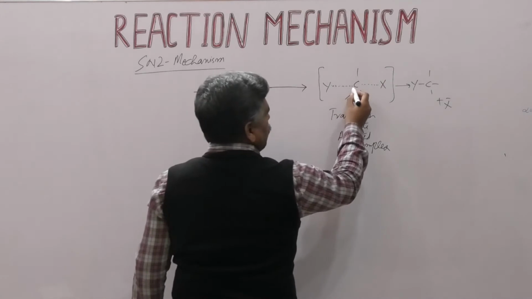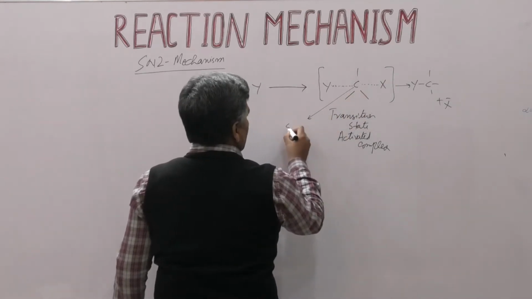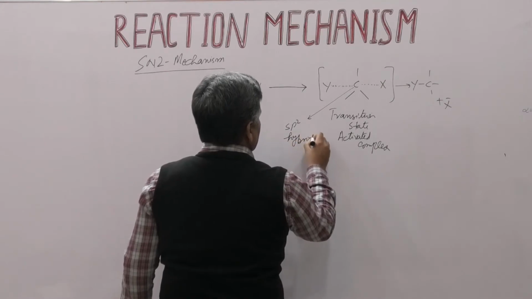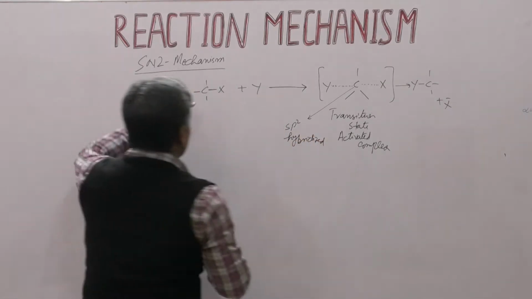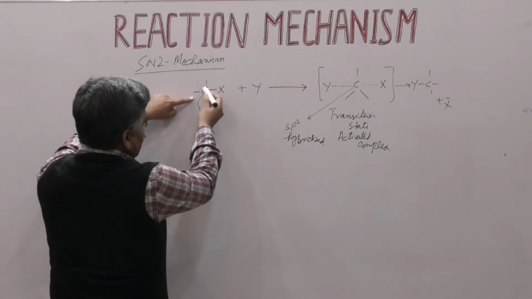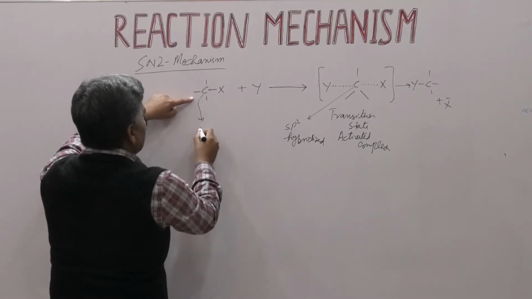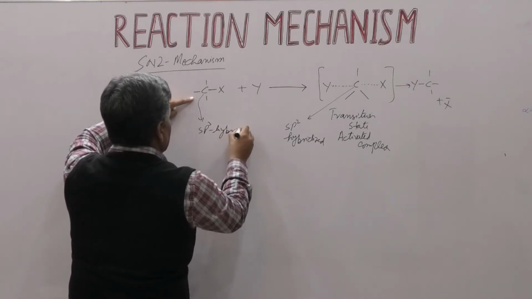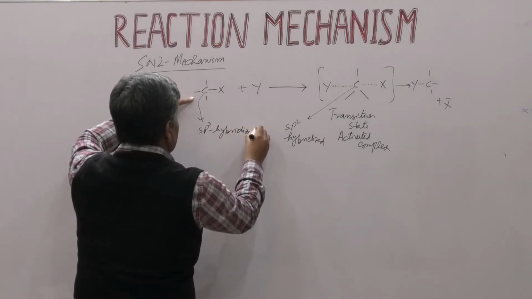This central carbon is now sp2 hybridized. This carbon, which is attached with four groups by four single bonds, is sp3 hybridized.